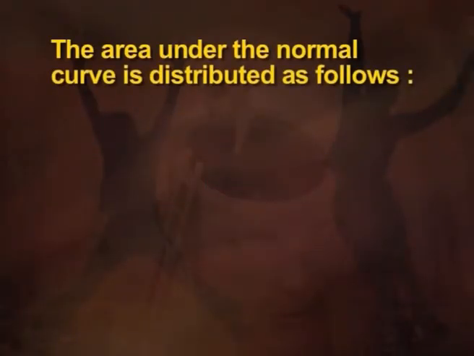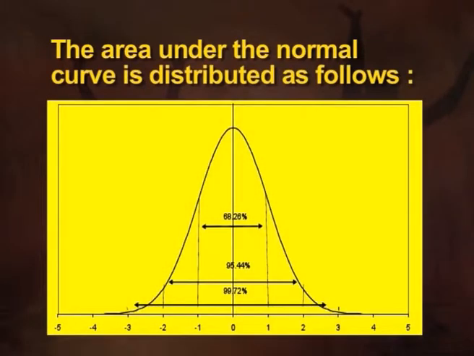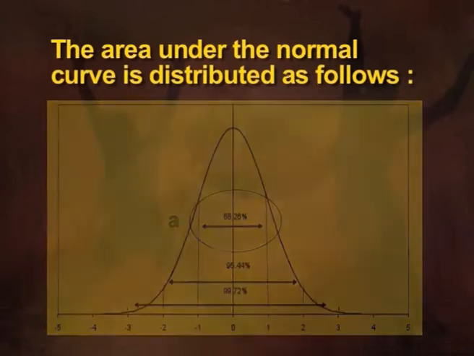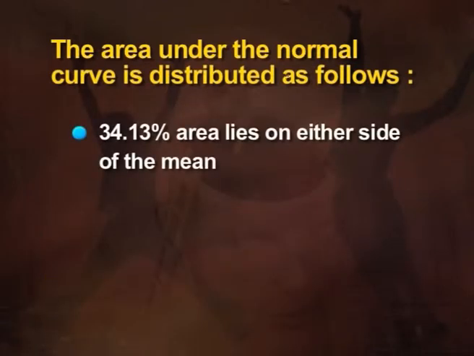The area under the normal curve is distributed as follows. 68.26% of values of a normal random variable are within plus or minus 1 standard deviation from the mean. That is, 34.13% of the area lies on either side of the mean.